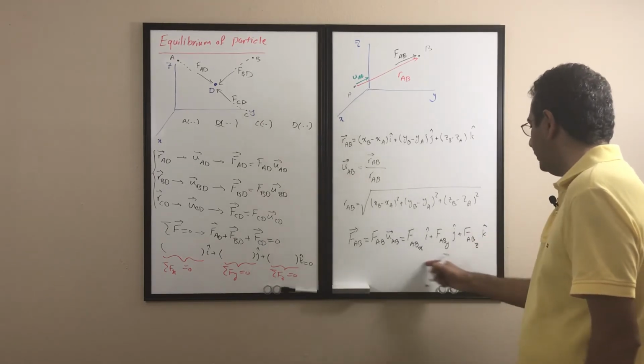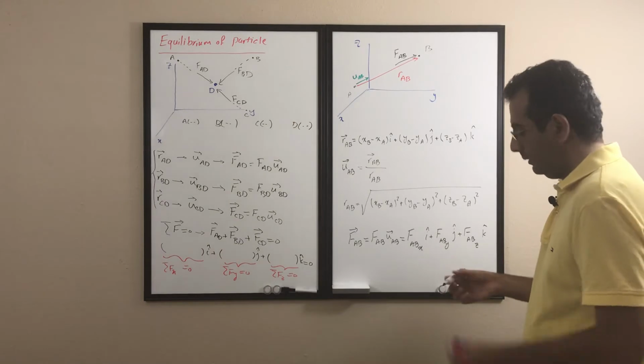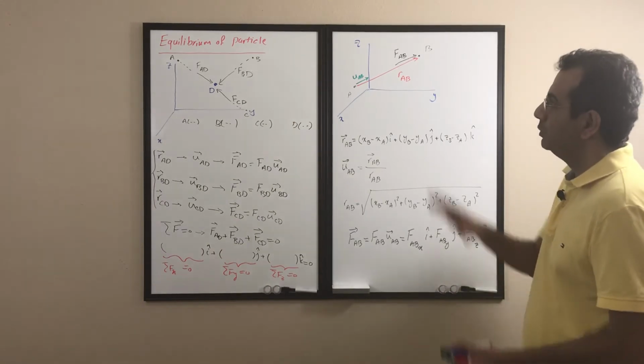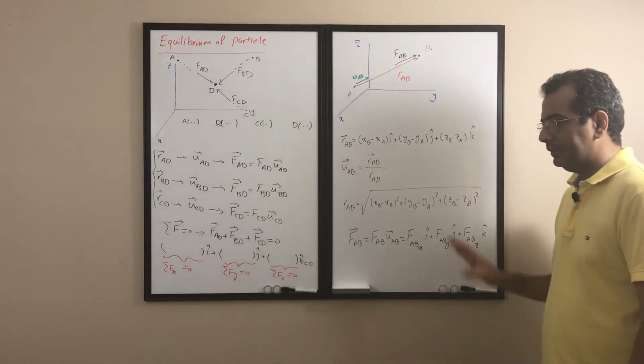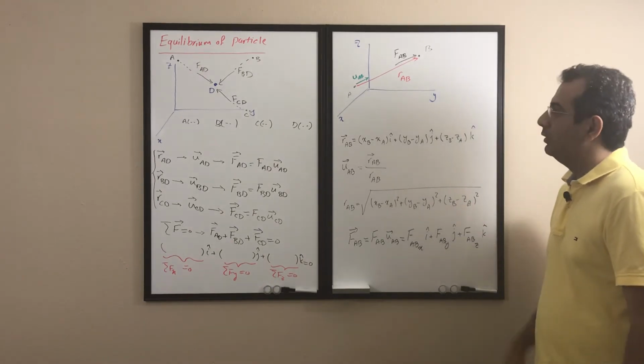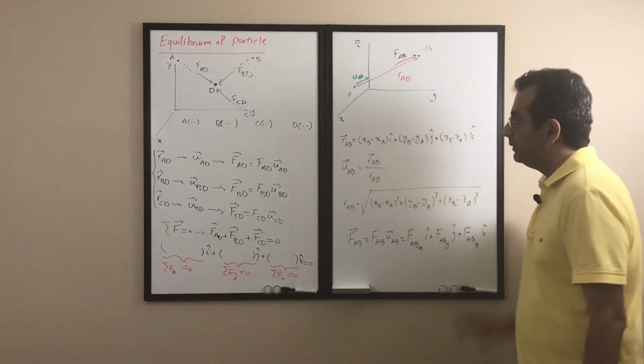So that's how we will do the equilibrium of a particle in 3D. Almost all the problems in equilibrium of a particle in 3D would be solved in this method.